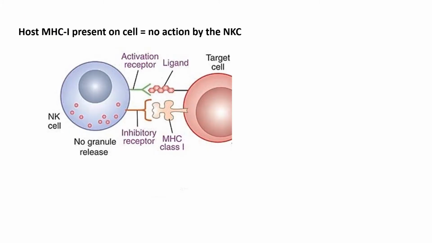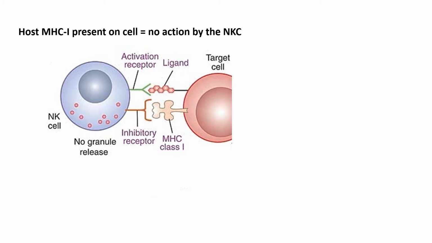So let's have a look at that. Here on the left you can see a natural killer cell, sometimes abbreviated to NKC. In this case, it's found a target cell, the pink one. It's bound, and these always remind me a bit like Daleks, because they've got two things sticking out. They've bound to the target cell with one receptor, and then they have another receptor that needs to bind to MHC1.